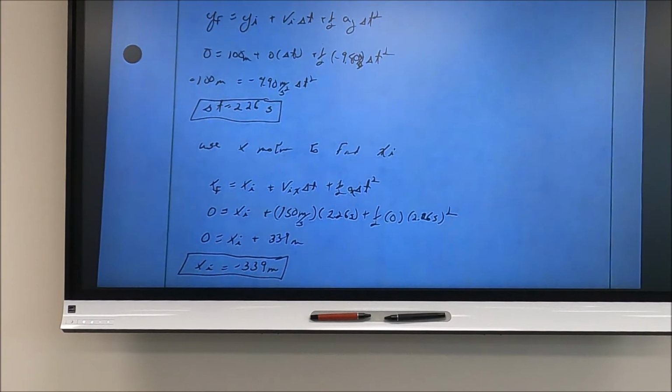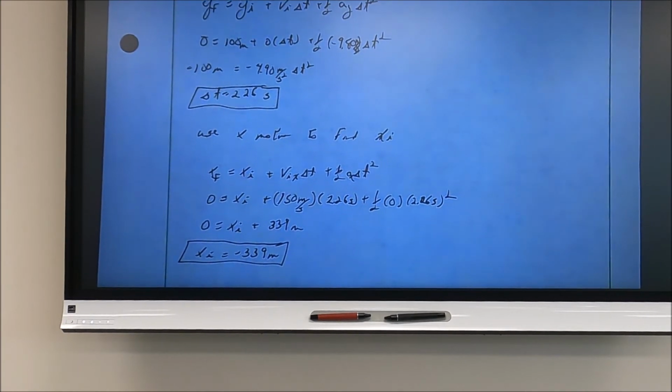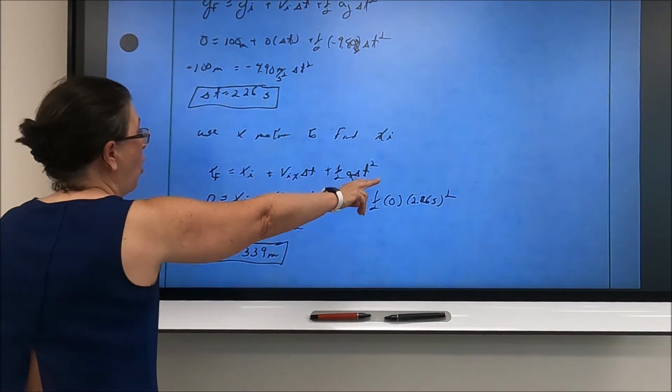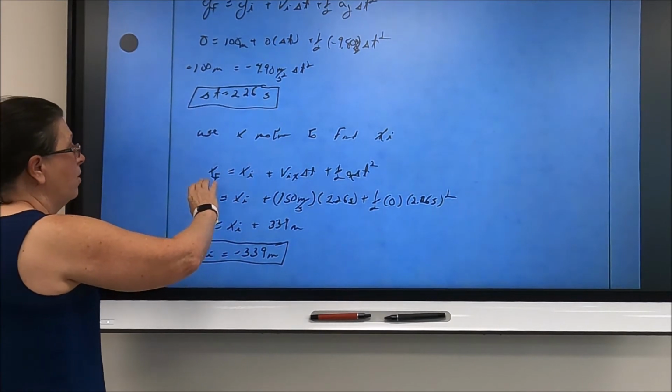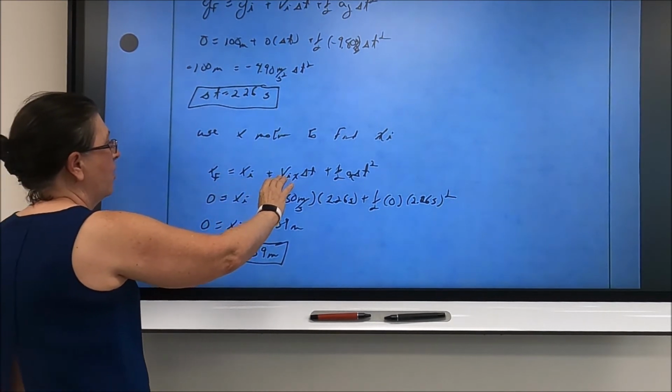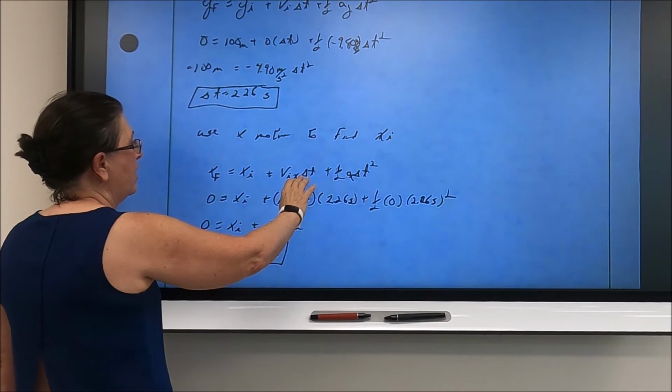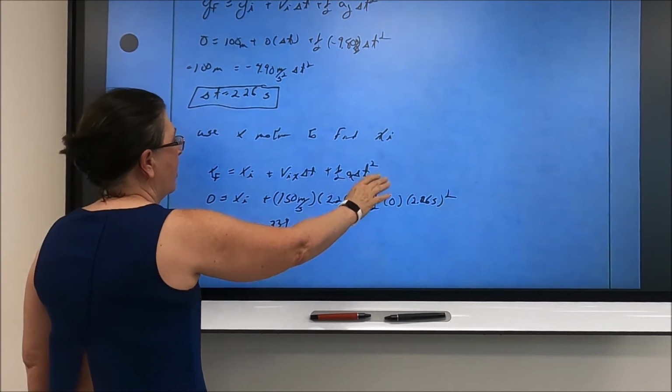Now, once I have the time, I can use the x motion to find x initial. I wrote out the whole equation, just in case you didn't remember. So x final equals x initial plus v initial x delta t plus 1/2 ax delta t squared.